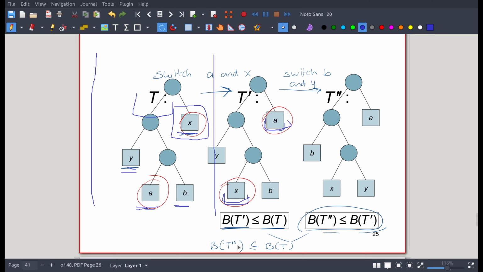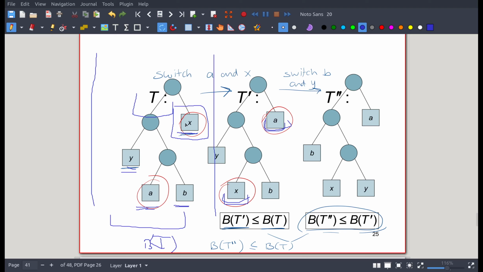B of T is the cost of the whole tree T, and then we have B of T dash, the cost of this whole new tree. When we swapped x and a, we made it a better solution. How do we make it better?